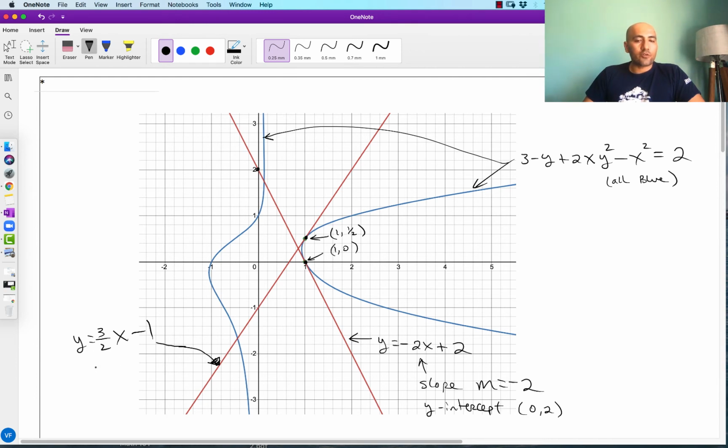And from here, of course, we can tell that the slope of that line is m equals positive 3/2, and that it goes through the y-intercept at (0, negative 1). Okay, so we got everything we needed.